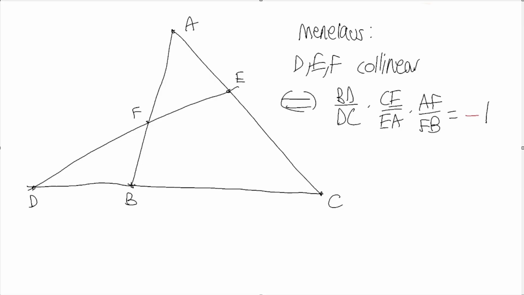And this is where directed lengths come in, because if we have a point B here, the point D is here, like D prime, then that means that if we draw these here, so D prime should actually be here approximately, then we have that BD prime over D prime C times CE over EA times AF over FB is equal to +1.